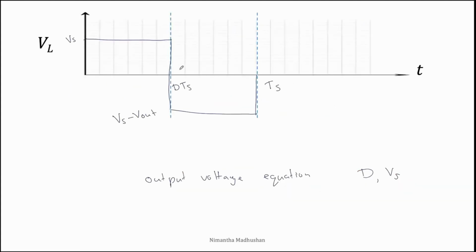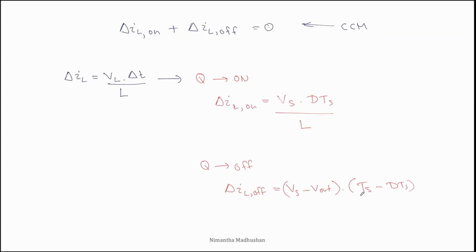This time is Ts and this time is dTs. Then delta T is Ts minus dTs over inductor value L. We can write again Vs minus Vout. We can get Ts times 1 minus d over L.